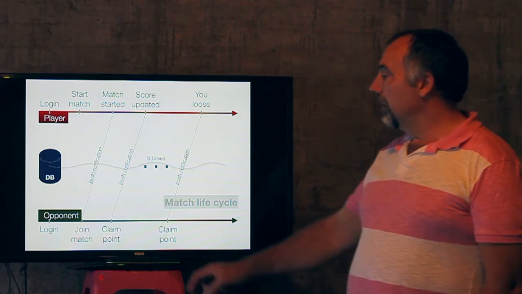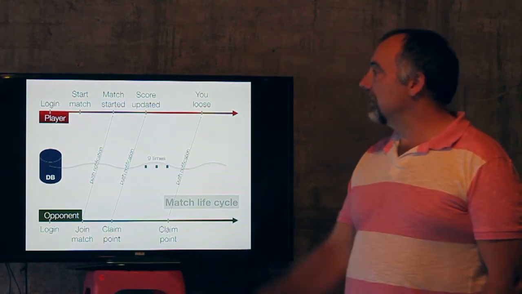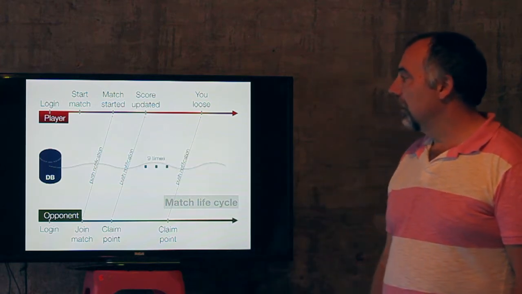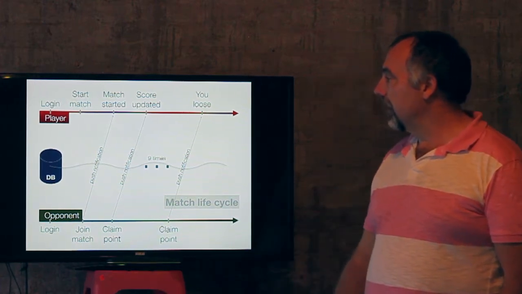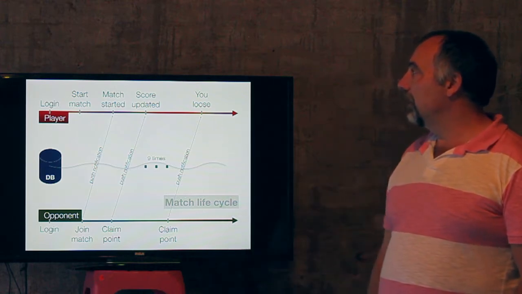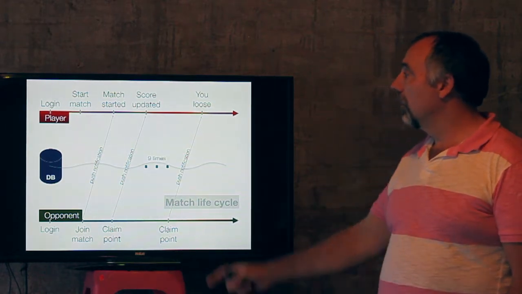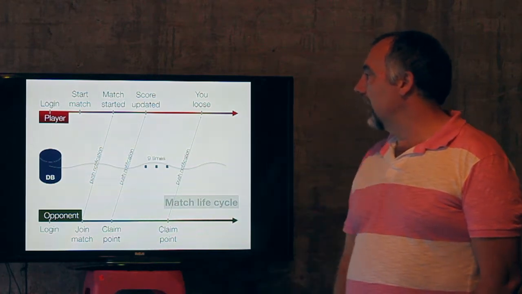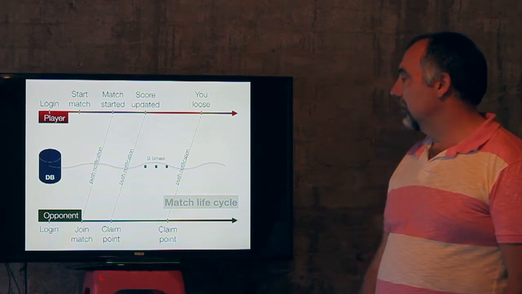At this point, when the opponent joins the match, a push notification is sent to the other player in order to start the match. Each time a player claims a point, the same occurs: a notification is sent in order to update the score. In this case, to reach 11 points, it is 2 notifications and 9 times more. Definitely, the opponent wins. This is a sample.